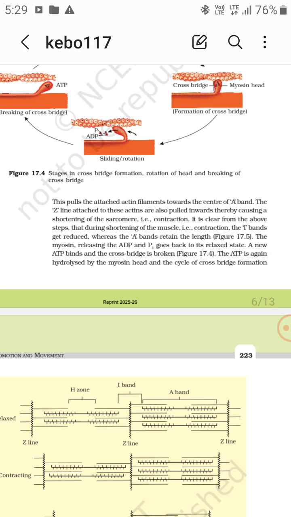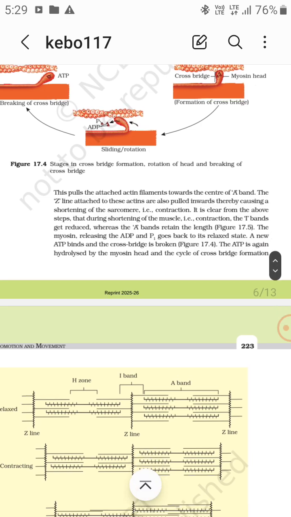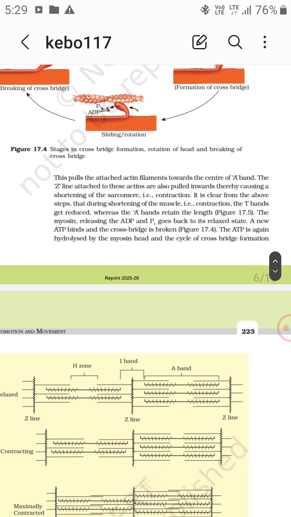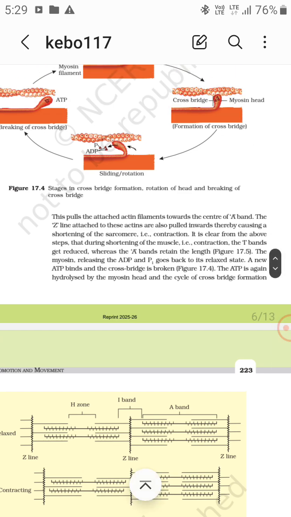During shortening of the muscle, that is contraction, the I bands get reduced, while the A band retains its length. Now the myosin, releasing ADP and inorganic phosphate, goes back to its relaxed state. A new ATP binds and the cross bridge is broken. So when ATP is hydrolyzed, the cross bridge is formed, and when ATP binds, the cross bridge breaks.